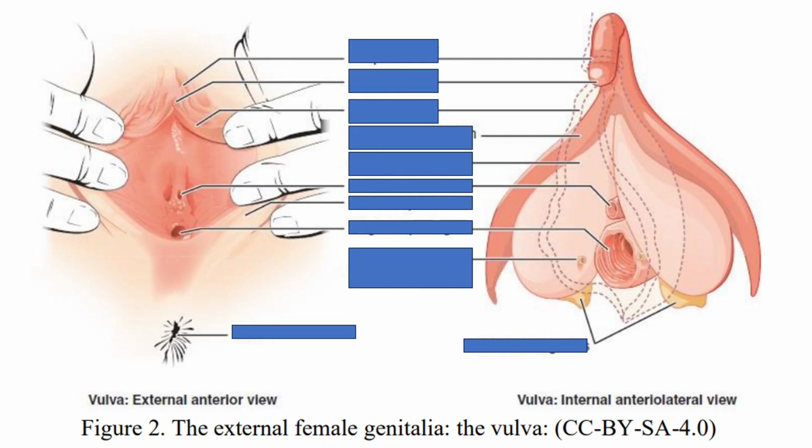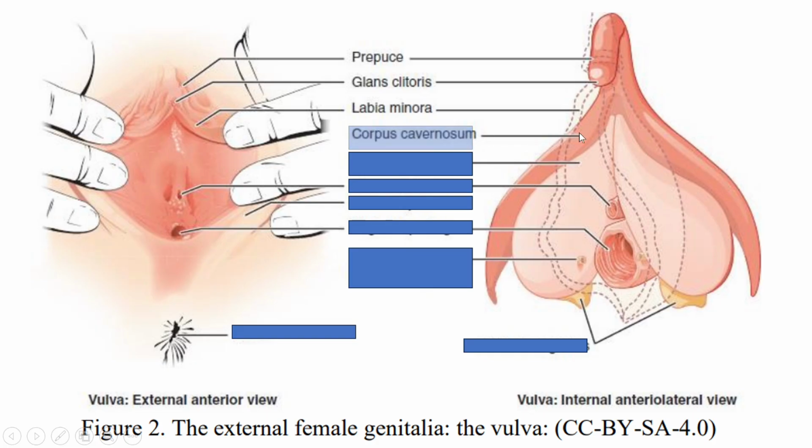So this is another viewpoint of the vulva. Starting with the first one, the top one, this is the prepuce. The next one is the glans clitoris. The next one is the labia minora. And this structure wherein the folds of skin have been removed, you have here the corpus cavernosum, erectile tissue.